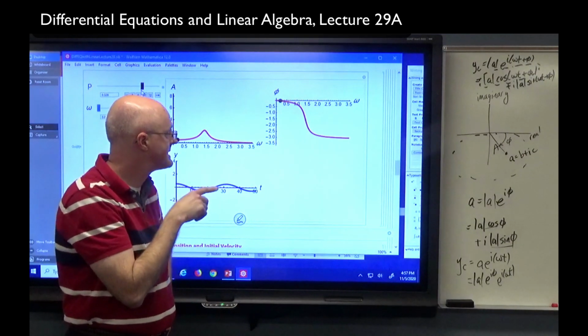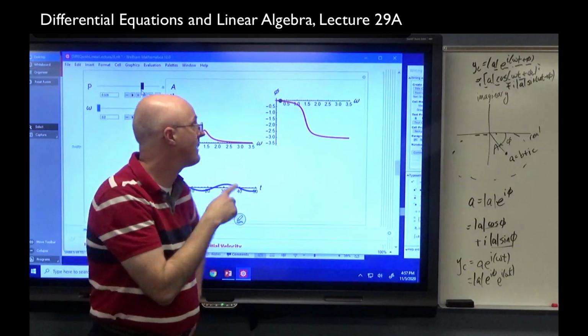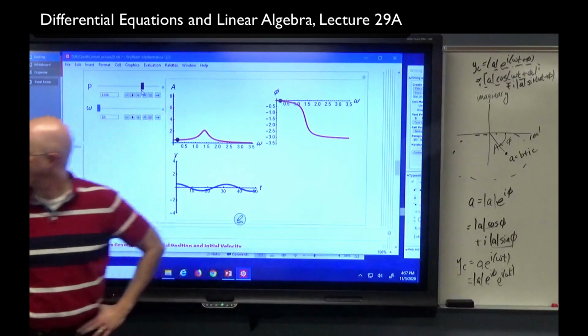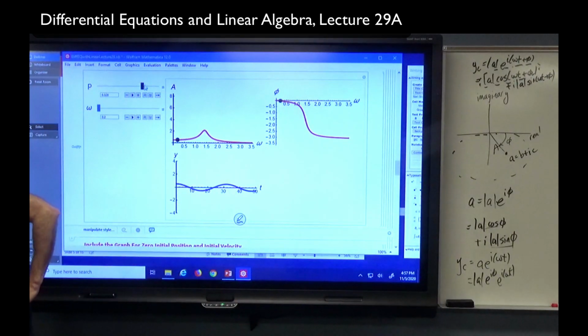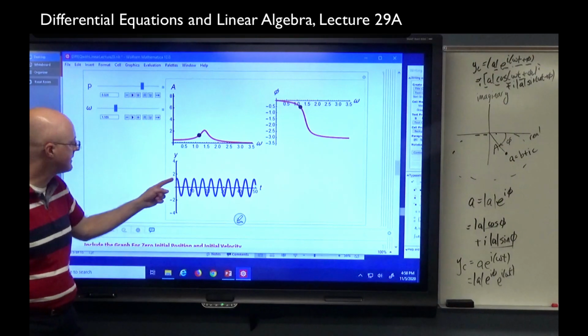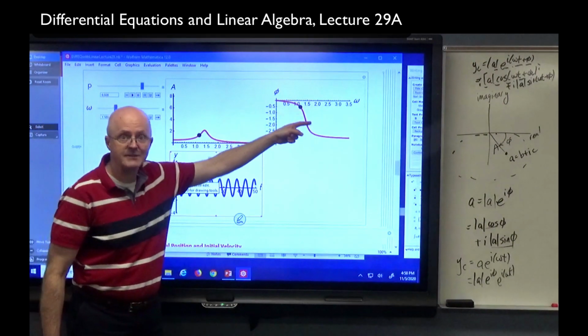So when phi is, for example, negative pi over 2 in this graph, watch the blue graph shift to the right as well as increase in amplitude. Its first peak, its first high point, is close to t equals 0 when the phase angle is a small negative angle.